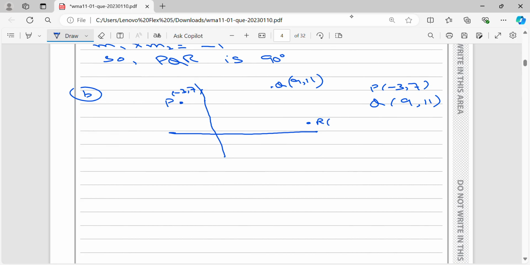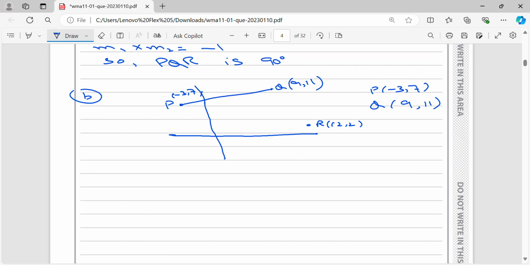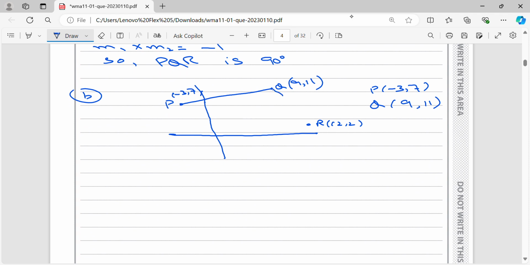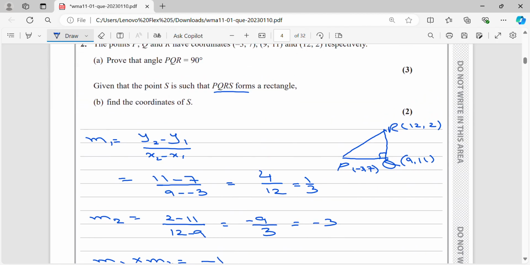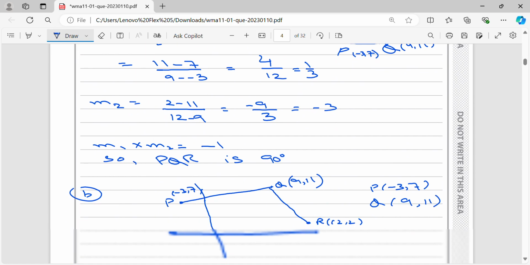This diagram is just for the sake of understanding: how do I get the coordinates of S? So this is PQ. Let me redraw it: P, Q, R, S. Because this is a rectangle, the question says that S is such that PQRS forms a rectangle.